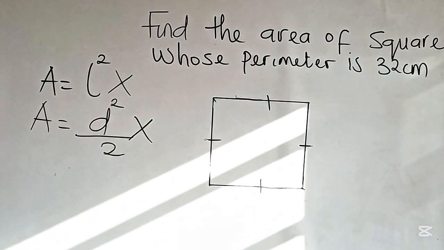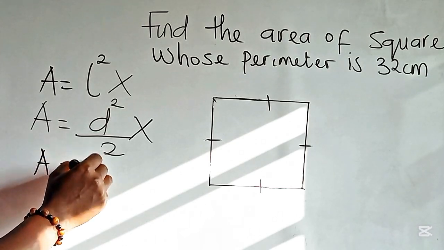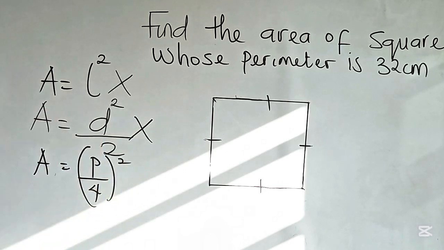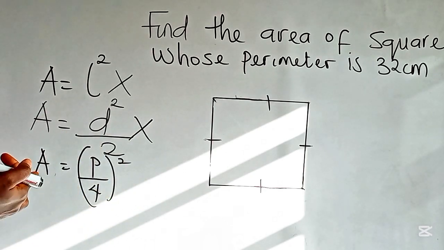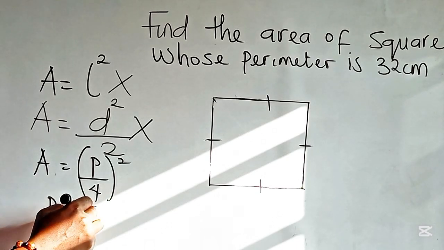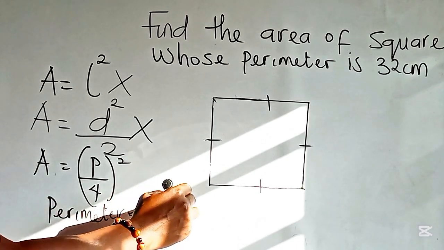So we are going to use this formula for calculating the area of a square, which is given as area is equal to the perimeter all over 4 all squared, where P is the perimeter and A is the area. So perimeter here is equal to 32 centimeters.